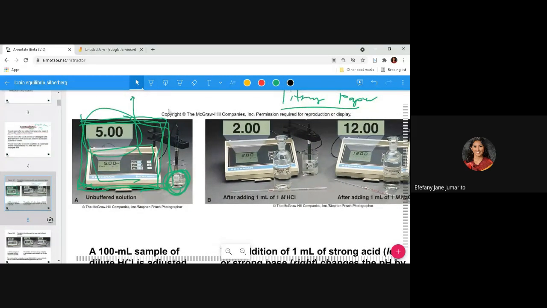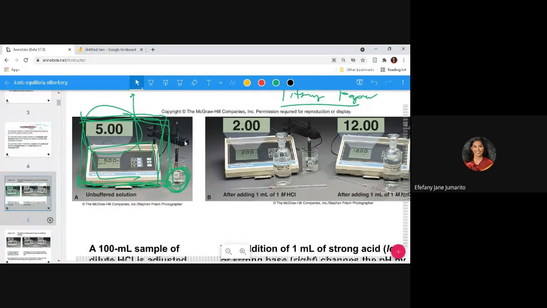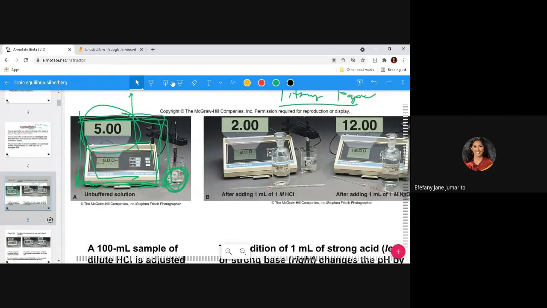Now, this has an electrode, and you just put it into your solution and then it will read. So, if we have an unbuffered solution, the pH is 5.0.